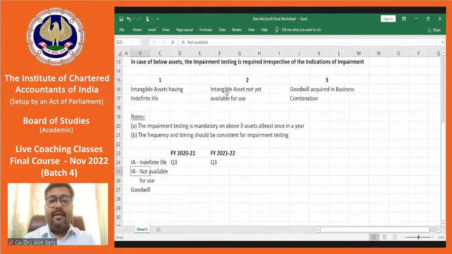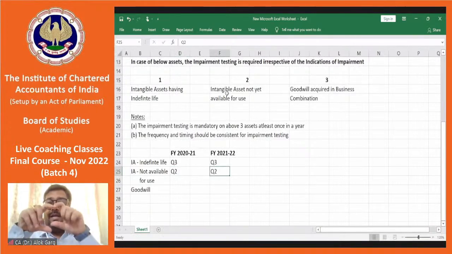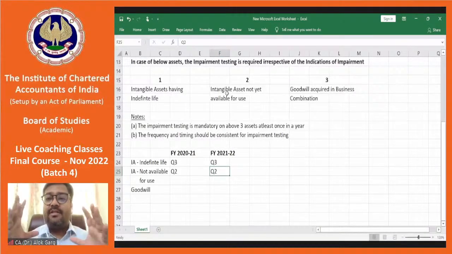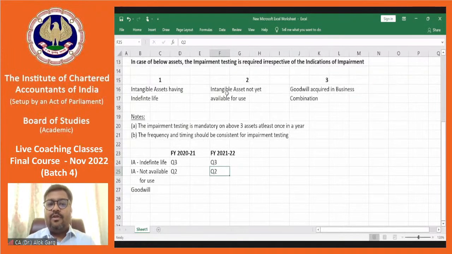For example, for intangible asset not available for use in the last year, the impairment testing has been performed in second quarter. So in this year, this has to be performed in the second quarter so that there is a difference of 12 months. Okay. So that there is a consistency there, so that there is a consistent frequency. Okay. So if it is Q2, every year it has to be done in Q2 if you are doing at least once in a year.